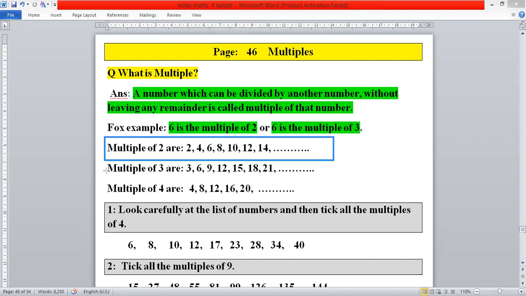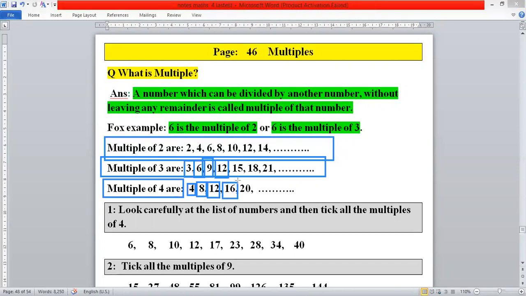Similarly, you can write multiples of 3. 3 ones are 3, 3 twos are 6, 3 threes are 9, 3 fours are 12. Just count the table and write the multiple of any number. Multiples of 4 are 4, 4 ones are 4, 4 twos are 8, 4 threes are 12, 4 fours are 16, 4 fives are 20.